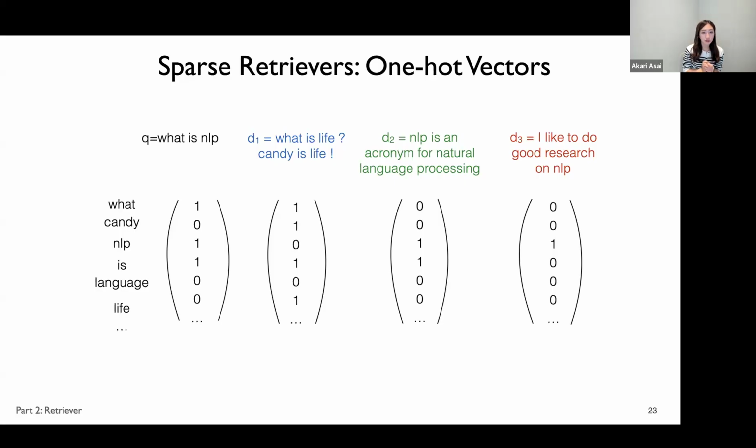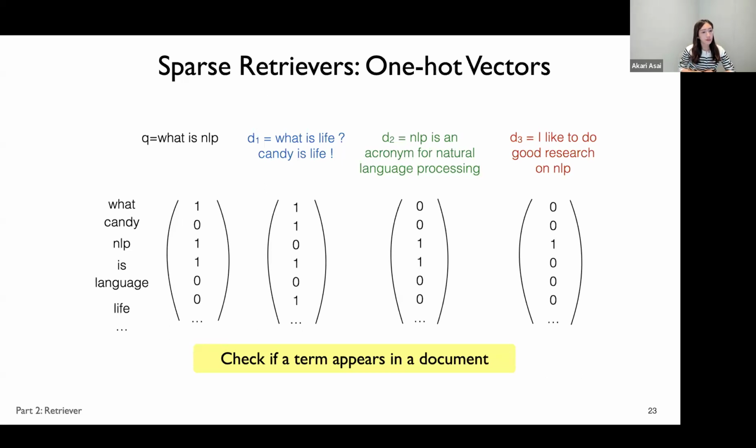For example, for the document D1, "what is like, candy is like", the entries for what, candy, is, and like are 1, while all other words are 0. This binary vector is often called a one-hot or multi-hot representation. But this has a limitation. In some documents, some words appear multiple times.